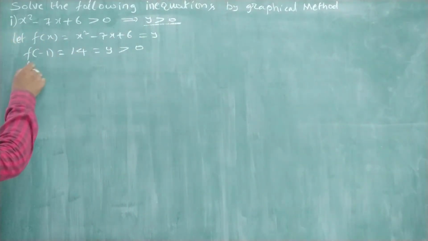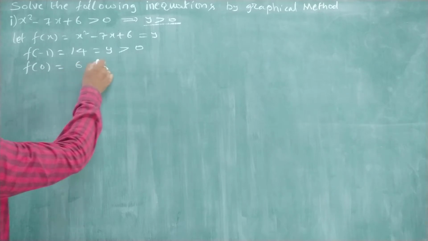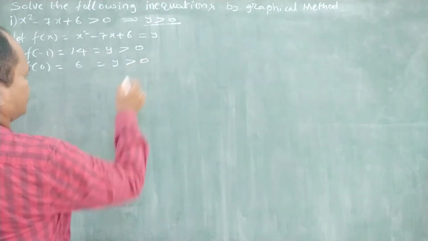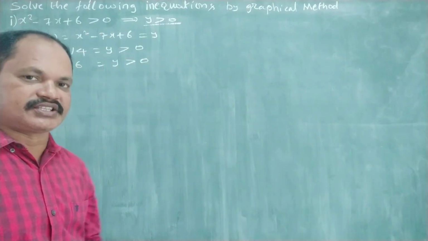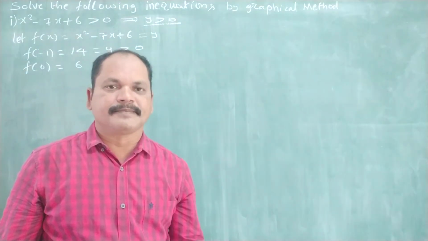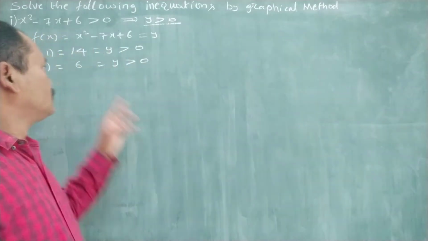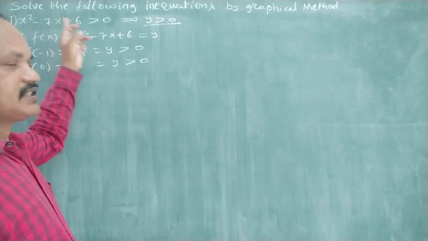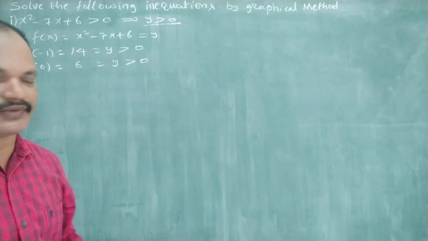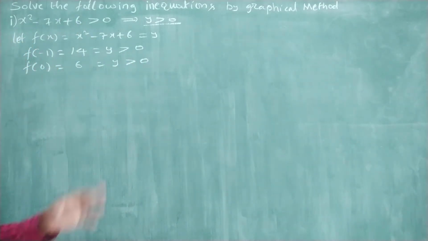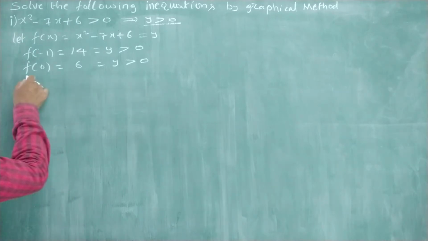Now f of 0 is 6, so y is greater than 0; 6 is above 0, that is positive. That's why 0 satisfies this inequation such that y greater than 0.